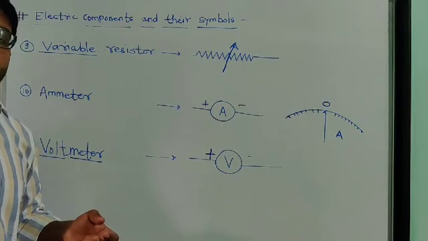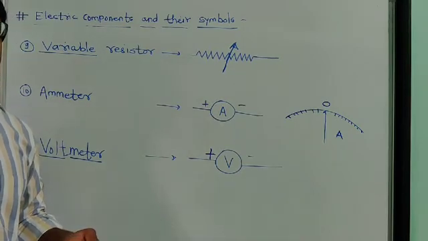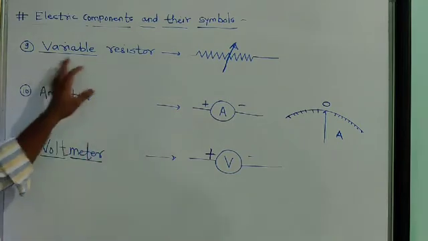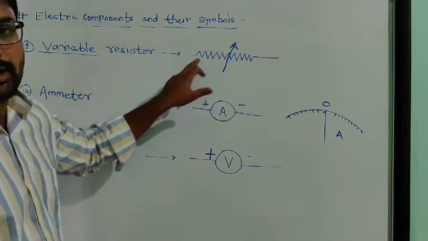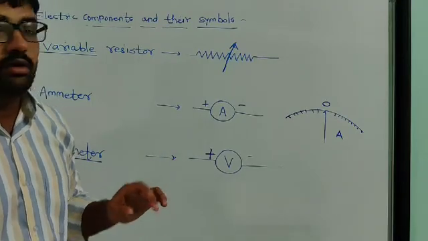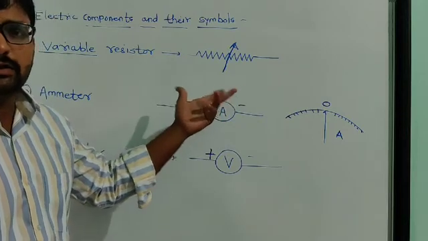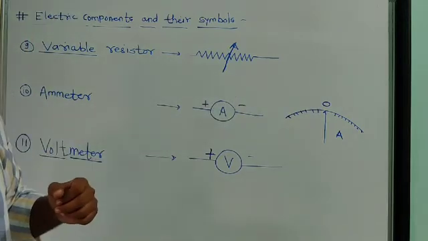If I say variable resistance, then you directly draw the symbol, and its use is to control the flow of electric current, or to change the value of resistance. It gives us a variable value of resistor.